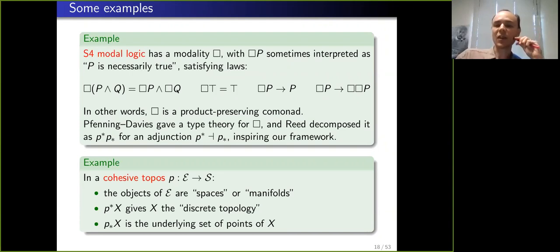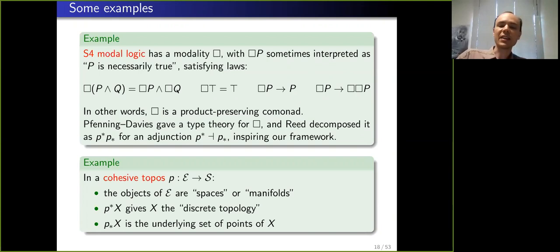And that was the inspiration for our type theory for adjunctions, basically, type theory for profunctors, because we were also coming from the context of being interested in a monad or a comonad. We were originally thinking about the flat and the sharp modalities in cohesive type theory, which is the second example that I've got down here, where we think about S, I didn't write this up there, but in the cohesive world, S is like the category of discrete sets or discrete infinity groupoids with no topological structure.